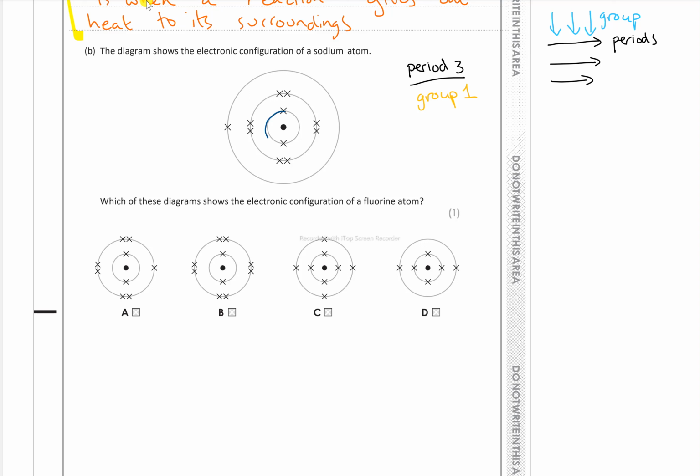So on the first shell, I have 2 dot. On the next shell, shell number 2, I've got 8 electrons. Where are the 8 electrons? Look, 1, 2, 3, 4, 5, 6, 7, 8. So it's 2 dot 8 dot, and there's only one there, 1. So that's the electronic configuration for that.